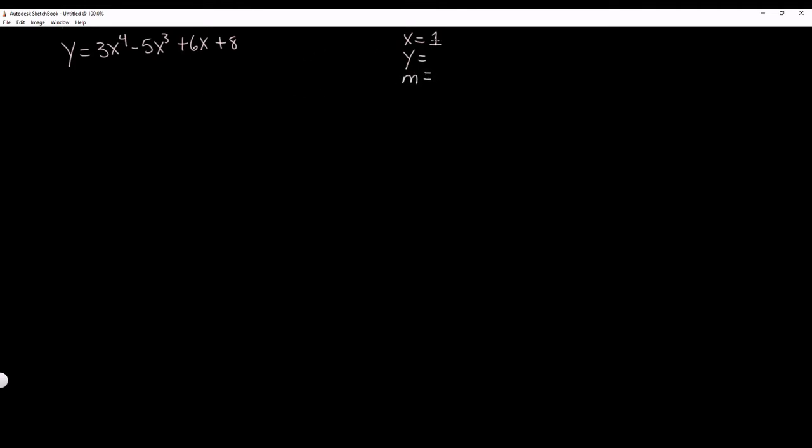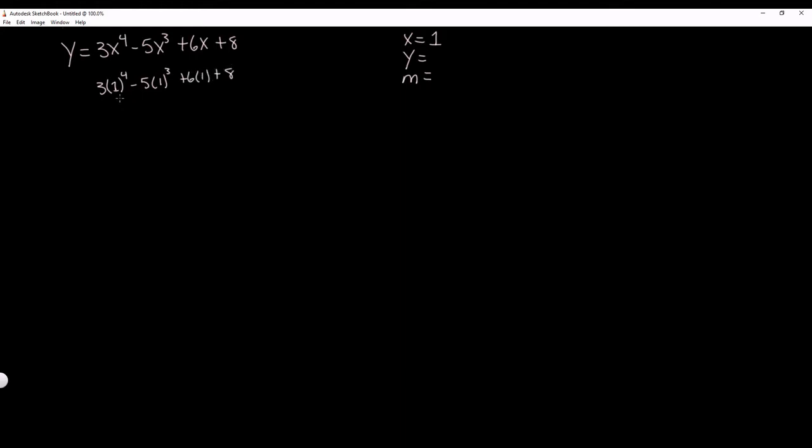So we have x, and in order to find y, all we're going to have to do is plug in x into our equation. So if we plugged in 1 for all our x's, this would be 3 times 1 to the 4th minus 5 times 1 cubed plus 6 times 1 plus 8.